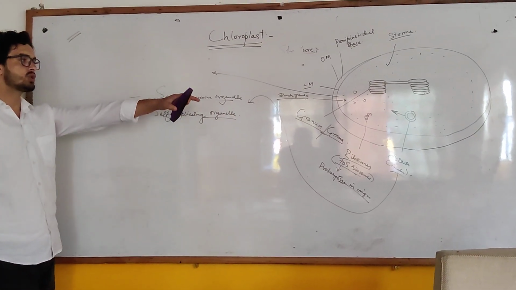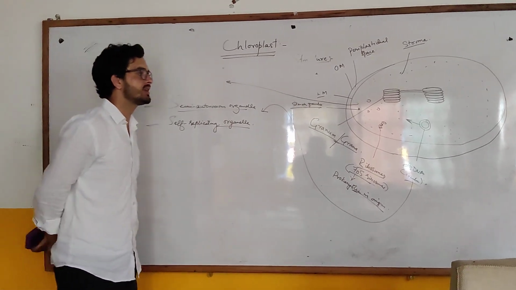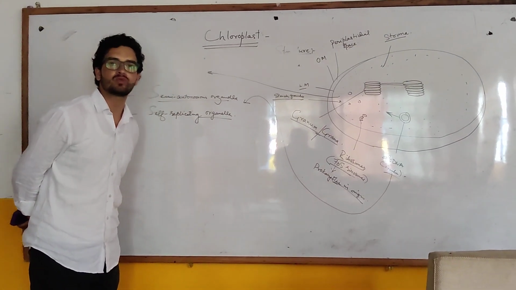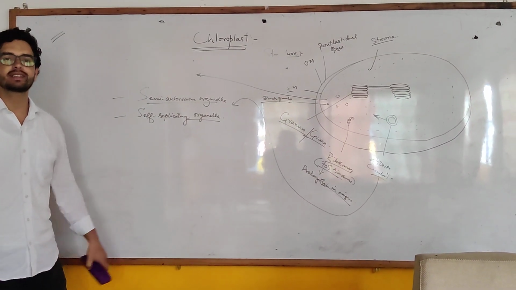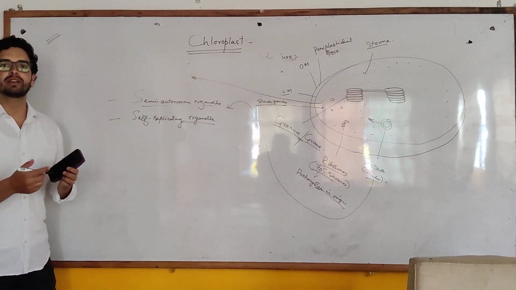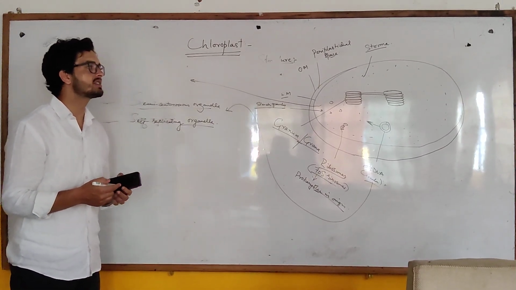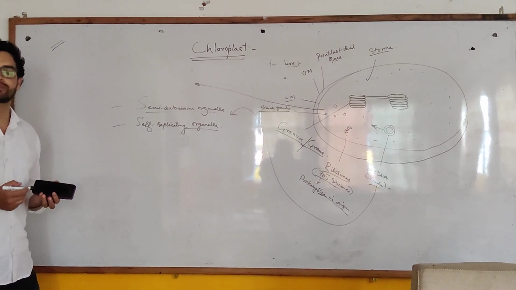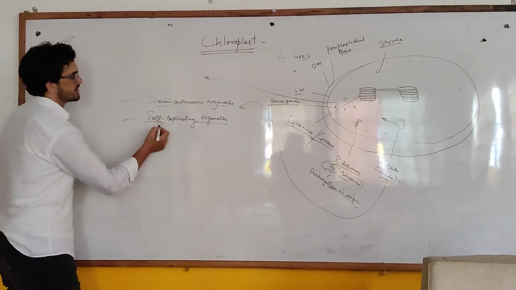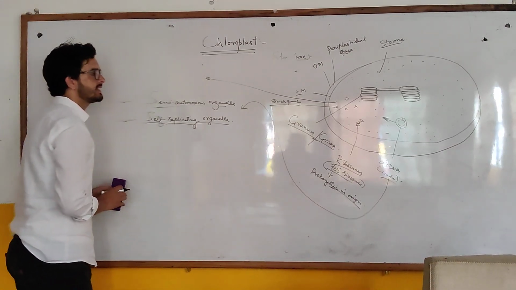Why? It shows the presence of this double-stranded DNA. If any plant cell requires more photosynthesis, the cell does not need to divide. It only increases its number of chloroplasts so as to increase its photosynthetic potential. That's why it is known as a self-replicating organelle.